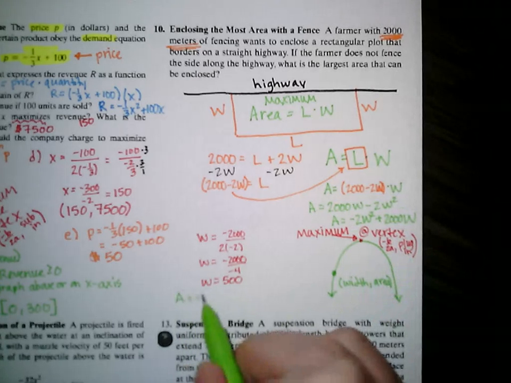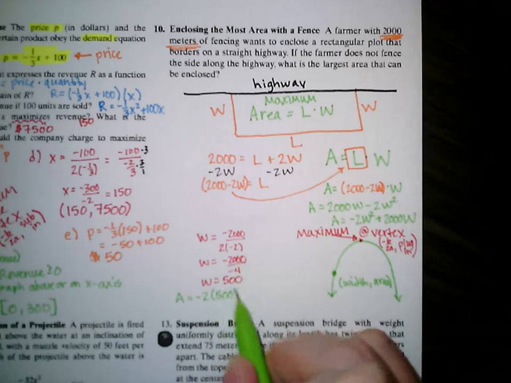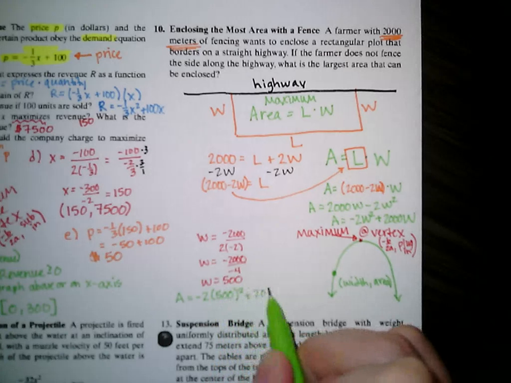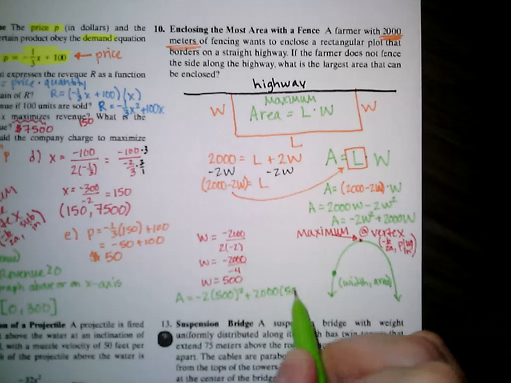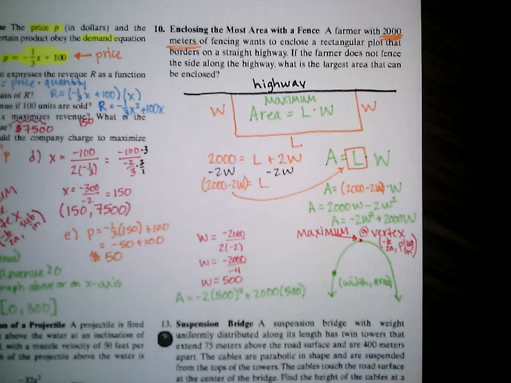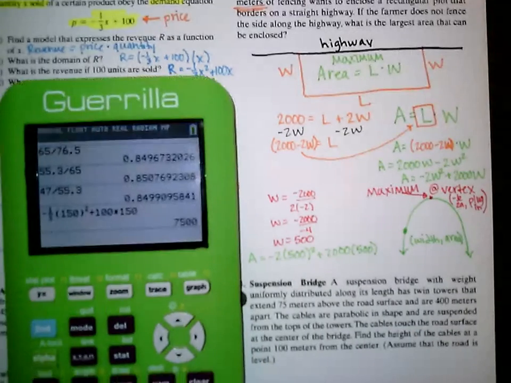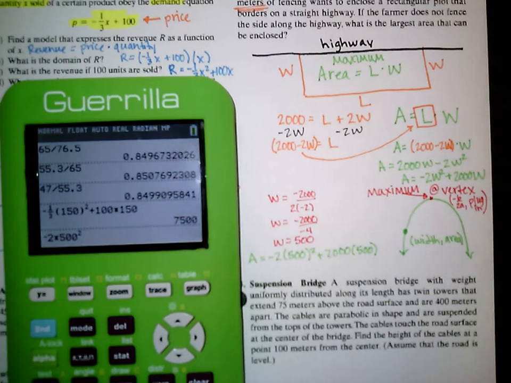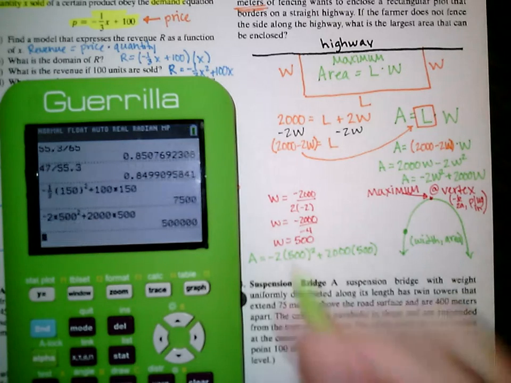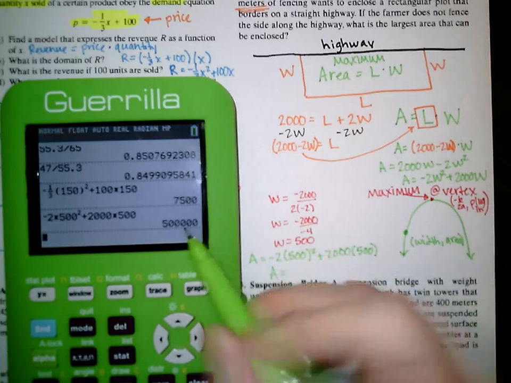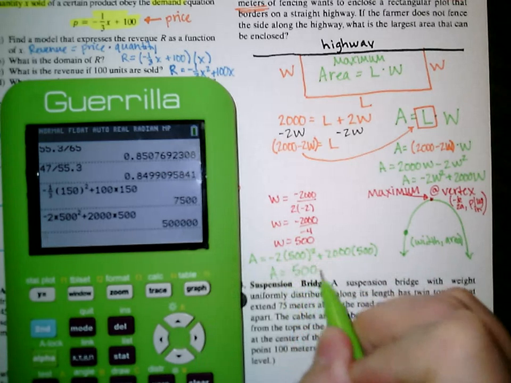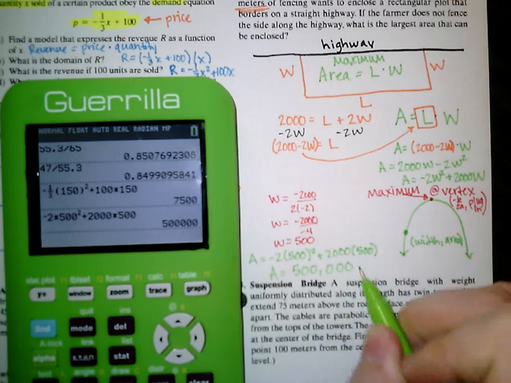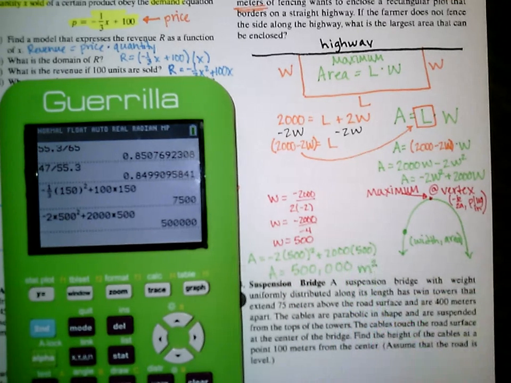So the area will be negative 2 times 500 squared plus 2000 times 500. So the area would be, good grief, 500,000, and that will be in square meters.